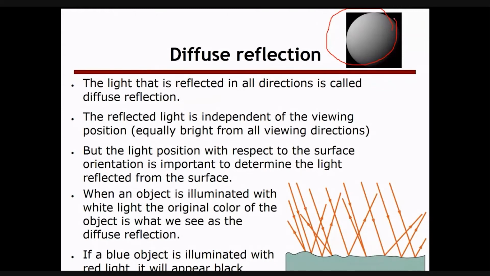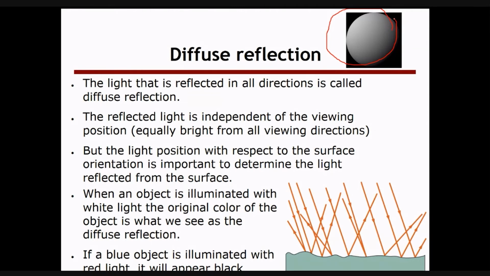Whenever you go through a CG book, like the one by Hearn and Baker, you will understand how the authors have put these things into the book. The light position with respect to the surface is important to determine the reflected light. So each and everything matters over here.